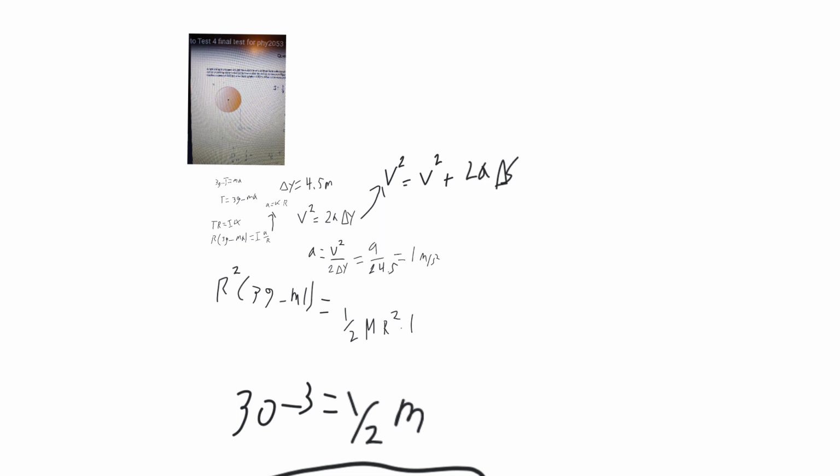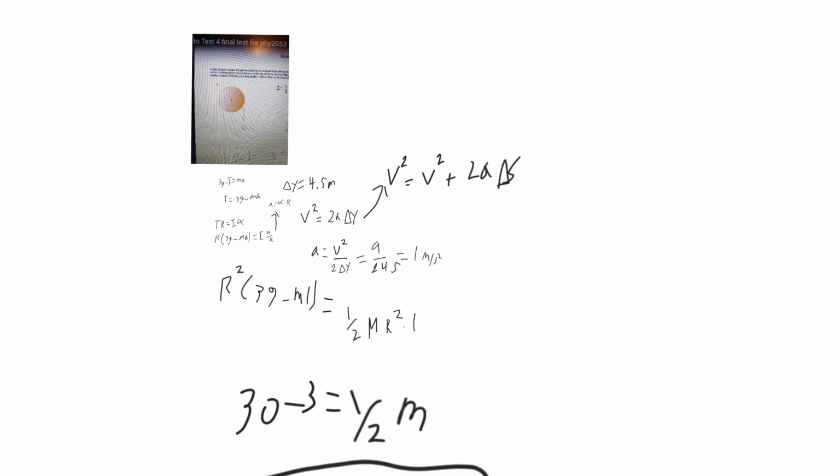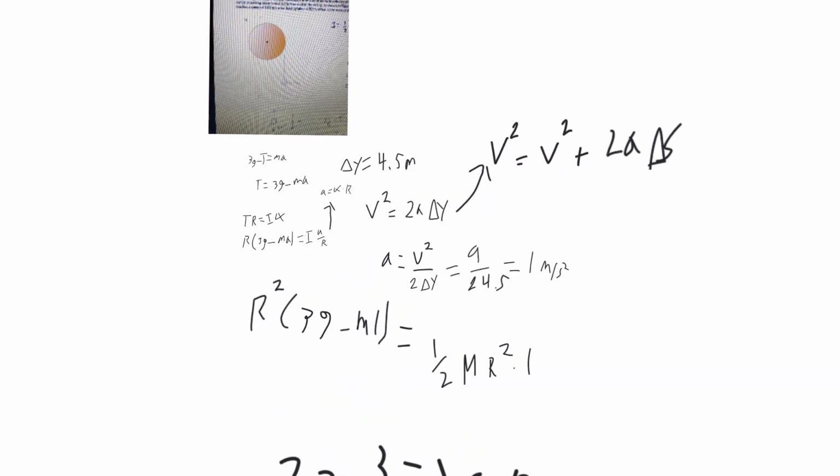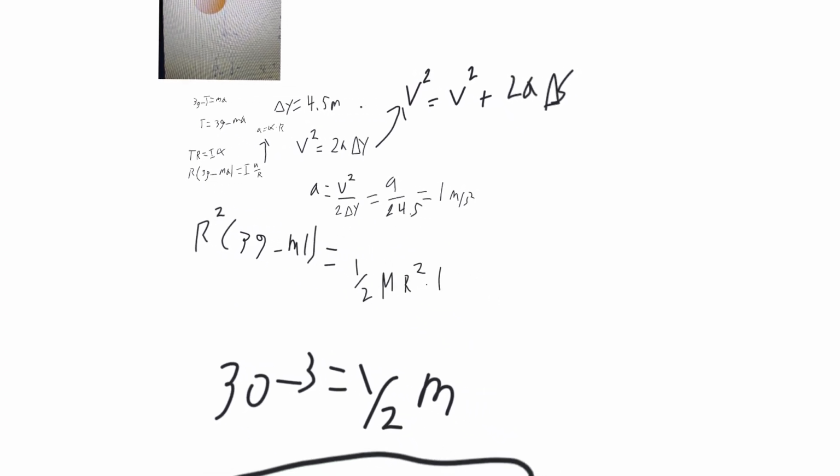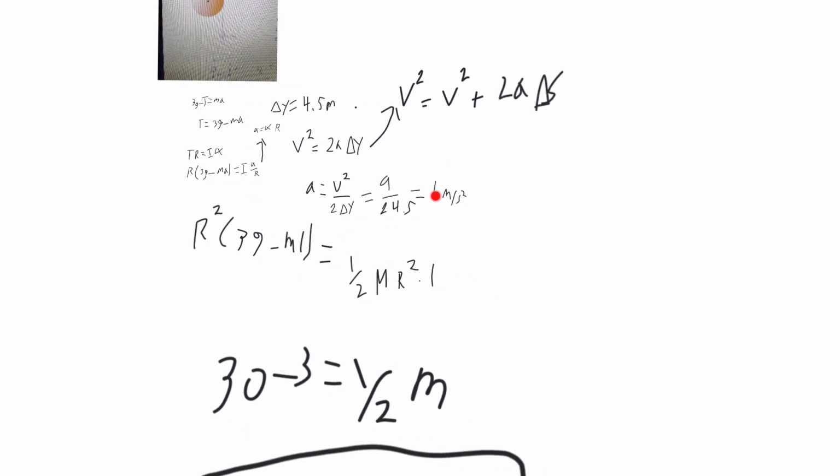The initial velocity term cancels out, so we just have v squared equals 2a times the change in y, which is the distance s. We solve for a, and we end up getting 1 meter per second squared.